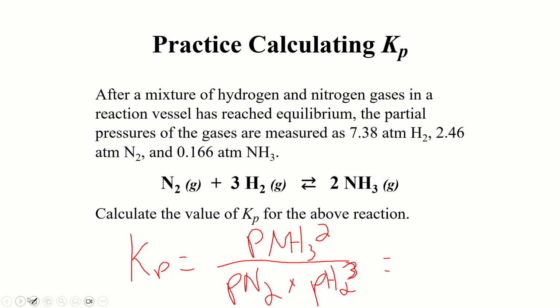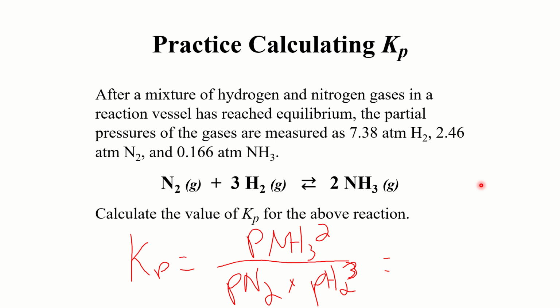So now I can plug my values in. I'll plug in 0.166 for NH3. I'll plug in 2.46 for N2 and 7.38 for H2. And let's see what we get. 0.166 squared on top, and 7.38 to the third power there for H2, and that's being multiplied by the pressure of N2.